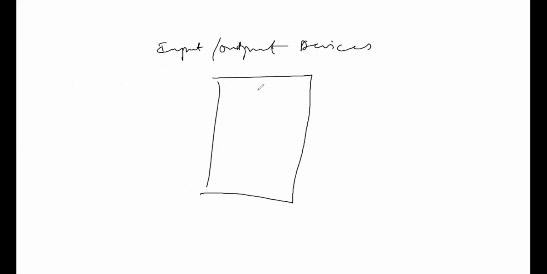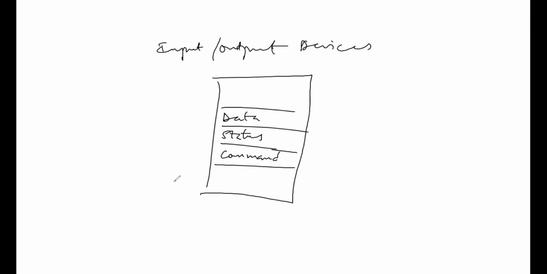And then we have the input and the output devices. So here we have a single block diagram. We have data, we have status, then we have command. This is more like the input-output controller.